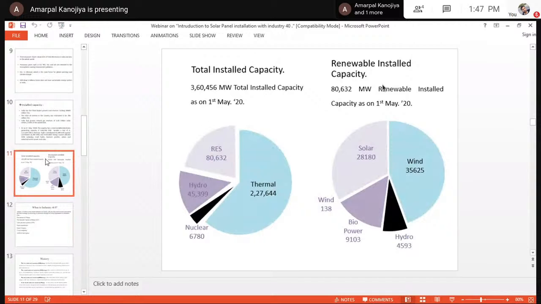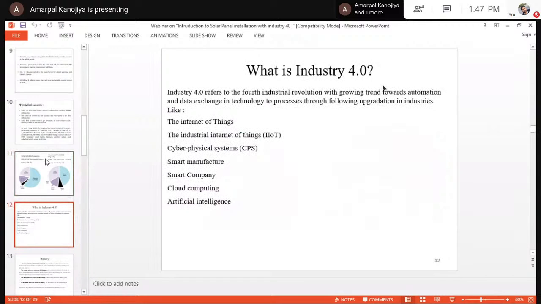If we attach renewable energy generation with Industry 4.0, then the efficiency of that particular solar plant or wind plant or any industrial plant is increased. Industry 4.0 is based on the Internet of Things, cyber physical systems, smart manufacturing, smart companies, cloud computing, and artificial intelligence.